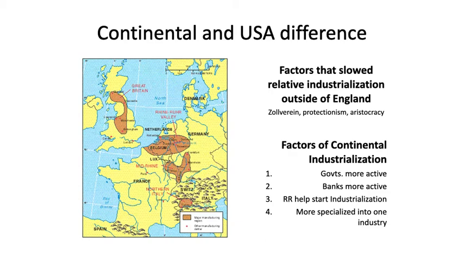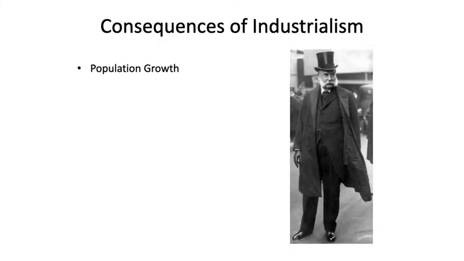Now 21.4, I know we're flying right along, because it's pretty straightforward, the consequences of industrialism. Population growth. Dr. Chambers, you said that was an origin of industrialism. Yeah, it's on both.